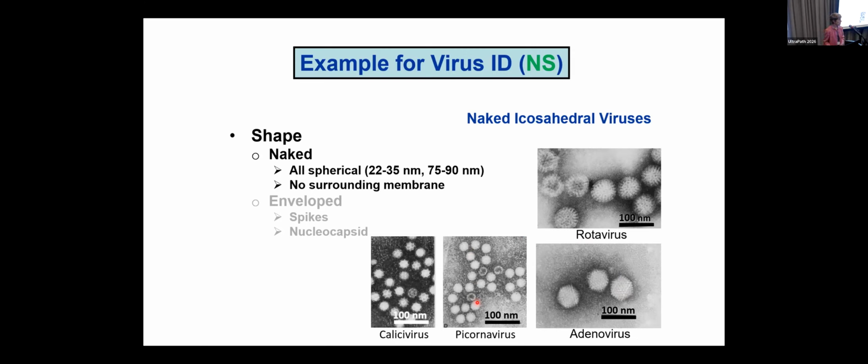If I stole it from someone else, there is a reference that you can photograph. On the left here, we have a small round virus that could be called a small round structured virus because some of the particles, depending on how they land, have structure on the outside that is recognizable. And you see that this has cup-shaped structures, and that's how it gets its name, calicivirus, from the Greek word chalice.